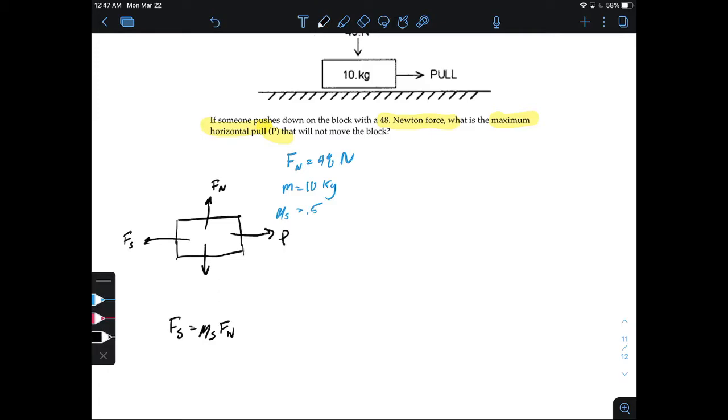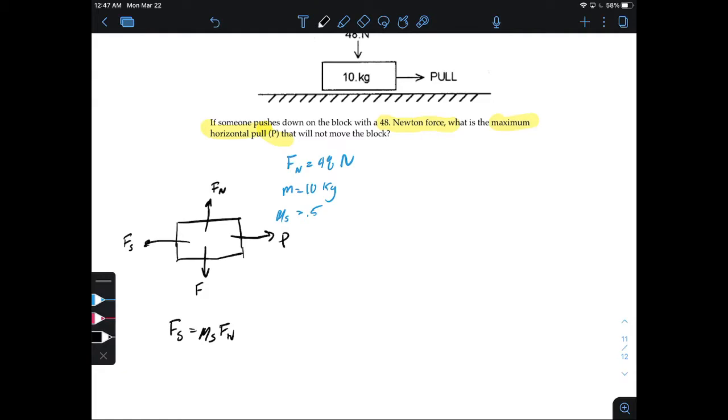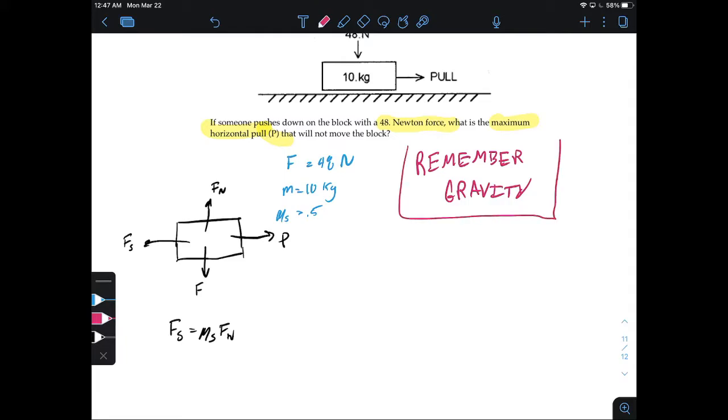That wasn't supposed to be gravity, that was supposed to be our force. And the whole gist was, remember gravity. You can't forget gravity. But of course, I kind of botched it. That's what the lack of sleep does to a person, I guess.